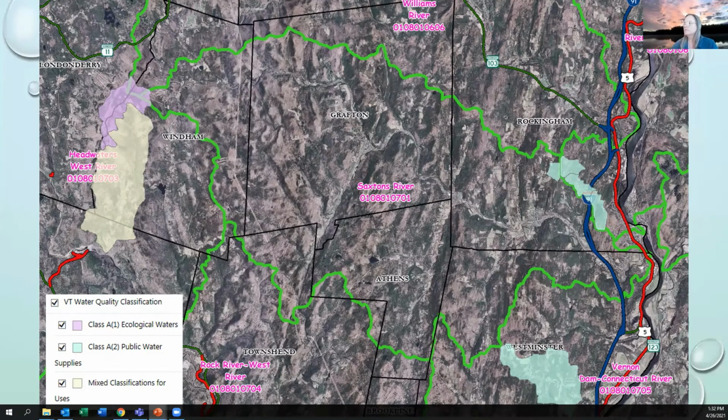There we go. It'll come back eventually. Here we go. So this one here I'll talk about in a minute. This is a drinking water supply. So the only A1 water is above 2,500 feet in the very tip of the watershed.